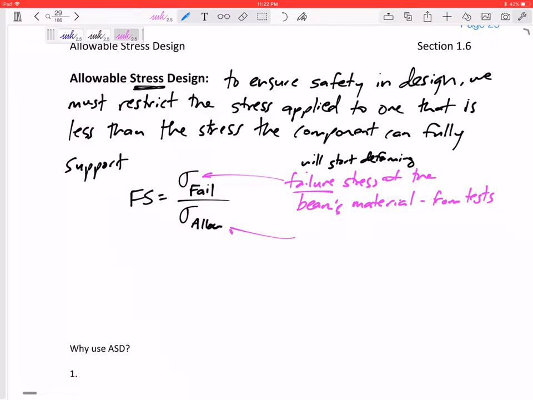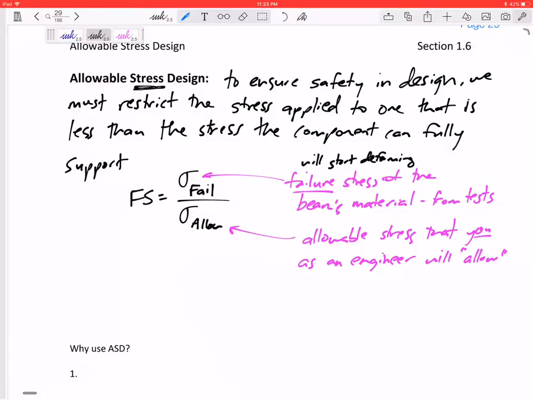This is the allowable stress that you, as a designer, as an engineer, will allow to occur.